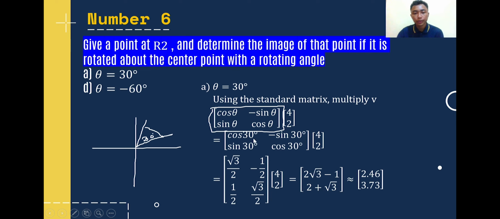Cos 13 is root 3 per 2. Sin 13 is 1 per 2, because this is minus, so the result will be minus. And if we multiply with the matrix, the result will be like this: 2 root 3 minus 1 and 2 plus root 3.